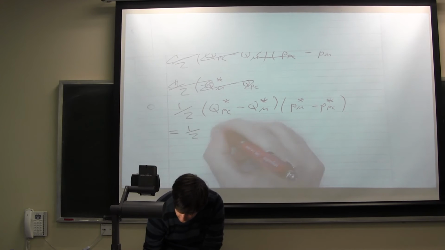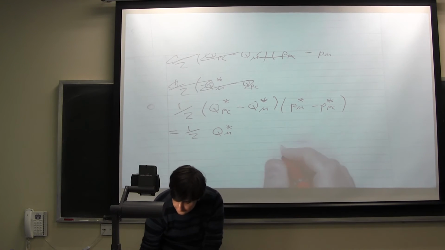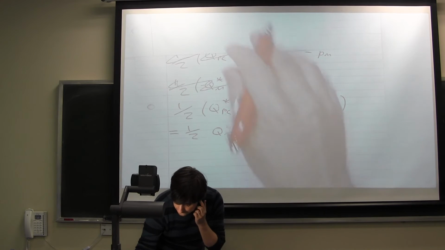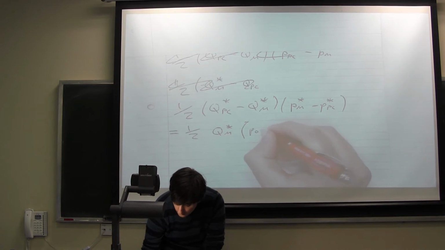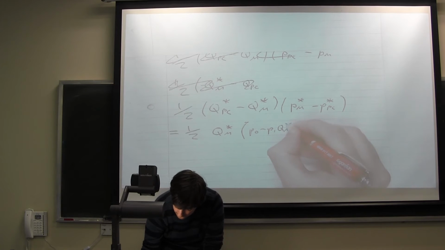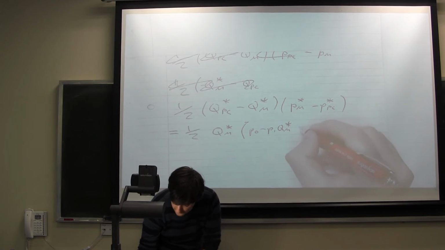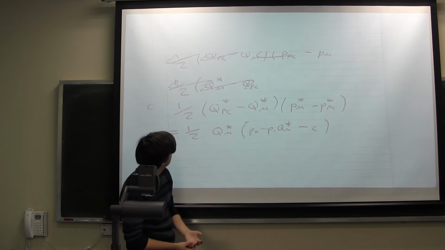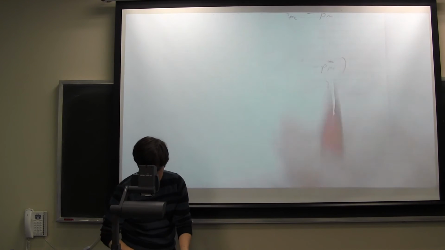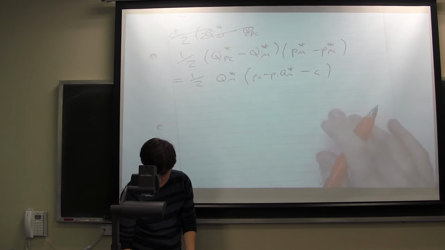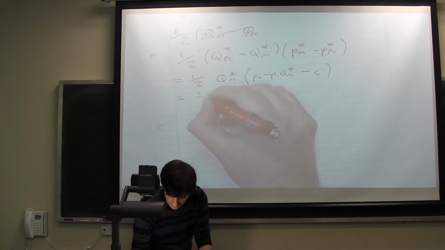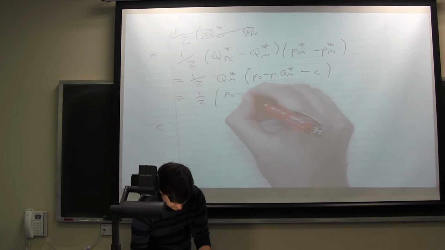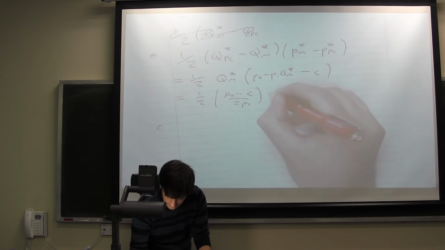So this is half Q_M star, and then the prices, so the price under monopoly is P0 minus P1 Q_M star, and the price under perfect competition is just C. Okay, so let's substitute in for what Q_M star is. So this is half times P0 minus C over 2P1, times P0 minus P1.